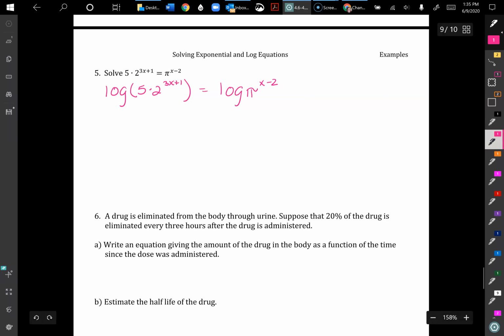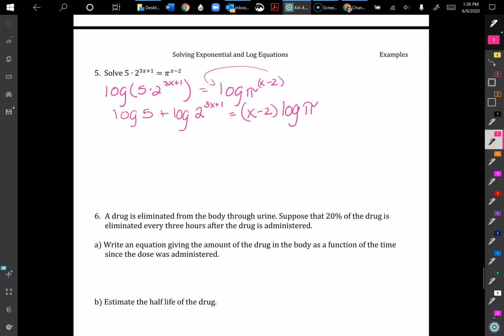So now I'm going to make sure I put that in parentheses. And now I can use some log properties. So I'm going to split this apart to be log of 5 plus log of 2 to the 3x plus 1. And then I'm going to bring this down here. So I have x minus 2 log of pi.